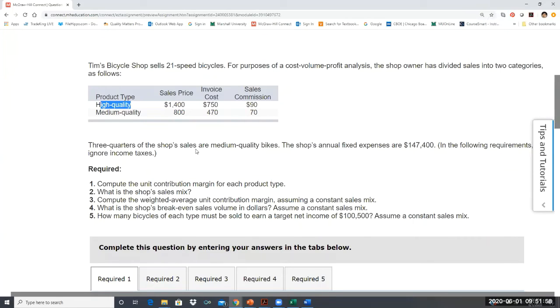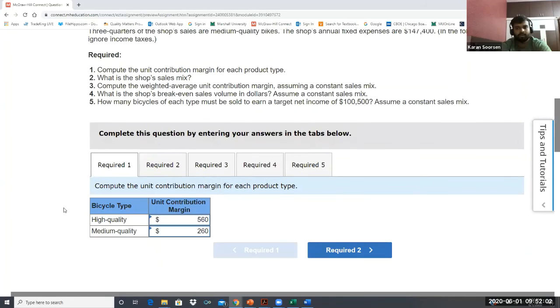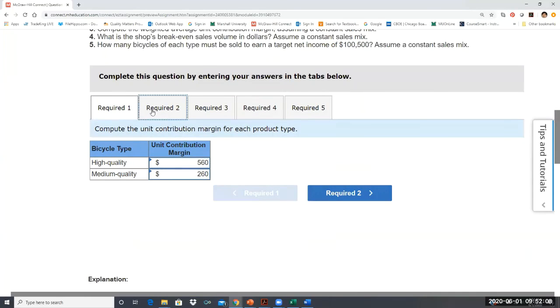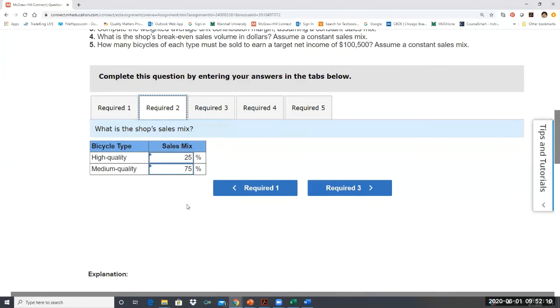Is everyone with me? Yes, sir. So what we do is we find a weighted contribution margin. First, 25% and 75%, that's the sales mix. Is everyone okay with that part?